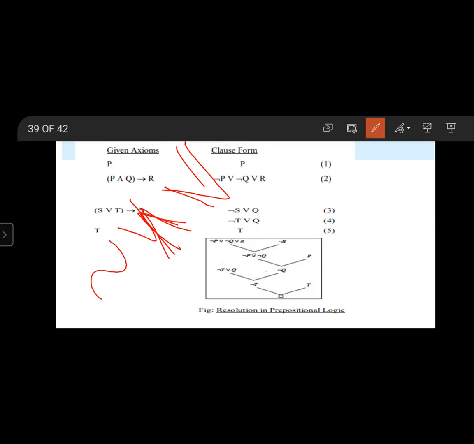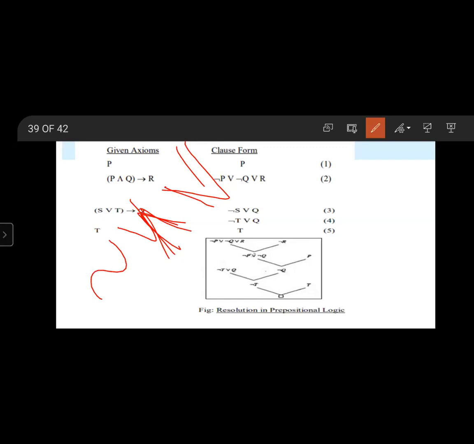Formally, a clause is defined as a formula of the form L1 or L2 or so on or Lm. Therefore, if a given formula is converted to its equivalent CNF as C1 and C2 and so on and Cn, then the set of clauses is nothing but the set of each conjunct of the CNF, that is, C1 to Cn.